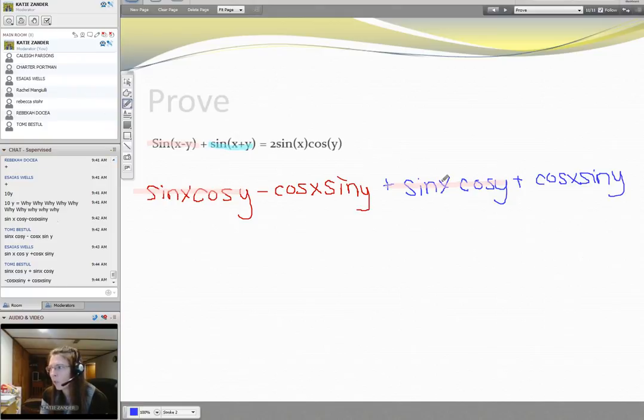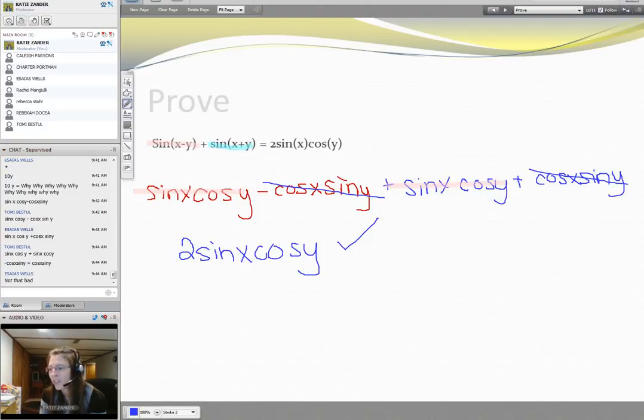So technically you have a 1 in front of each of those. So that becomes a 2 sine x cosine y. And then the remaining pieces that are not highlighted are also like terms. Cosine x sine y. They are opposite of each other. You have a -1 plus 1, so those are going to cancel. Those go to 0. So we're left with just 2 sine x cosine y, which is what we were trying to prove. Yay! Nice short one for a change.